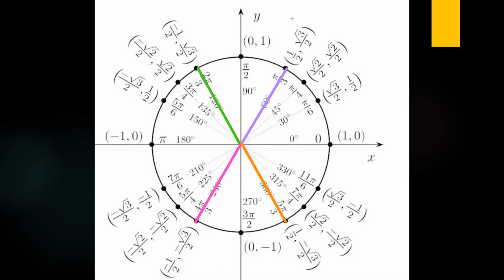Now, from here, the angle from the x-axis up to the purple line is 60. And from the negative x-axis up to the green line, we also have 60.